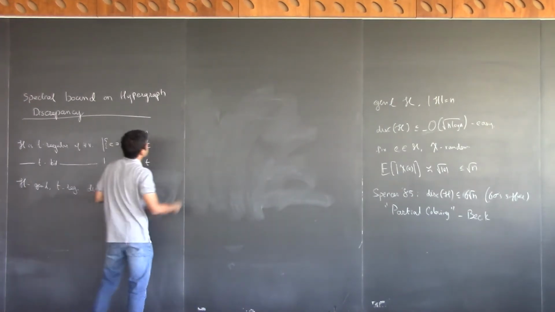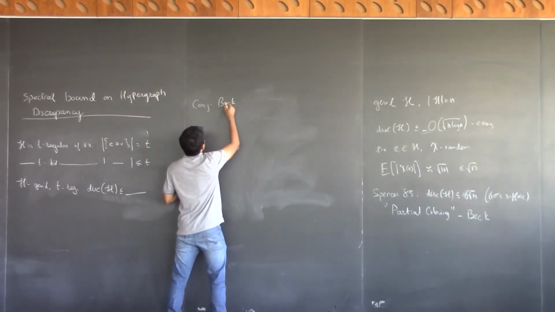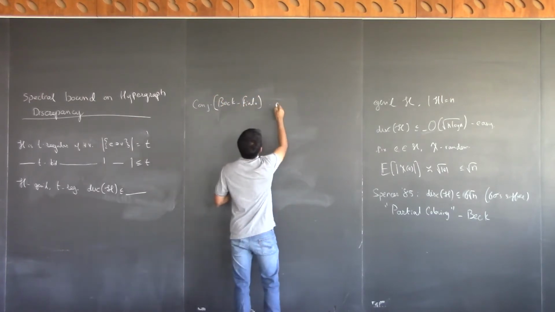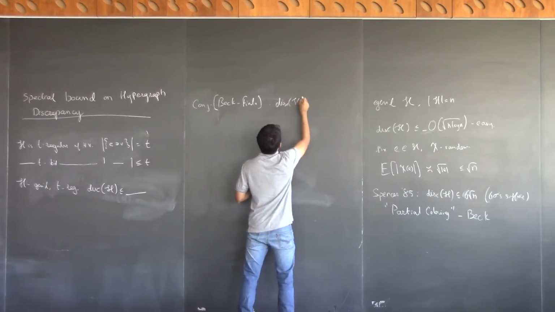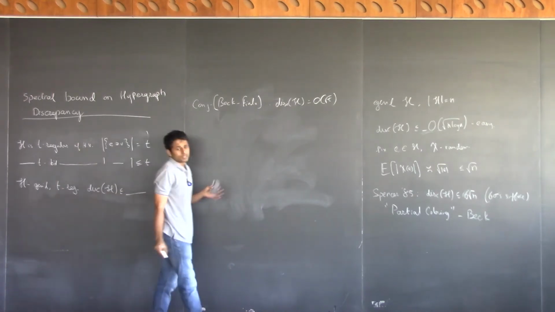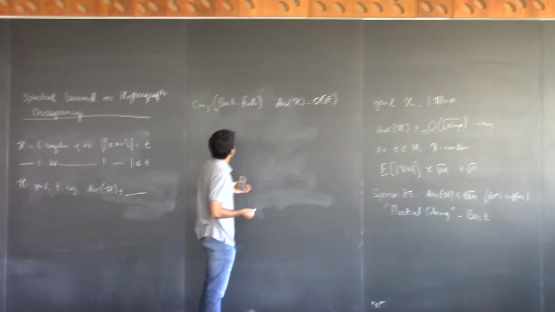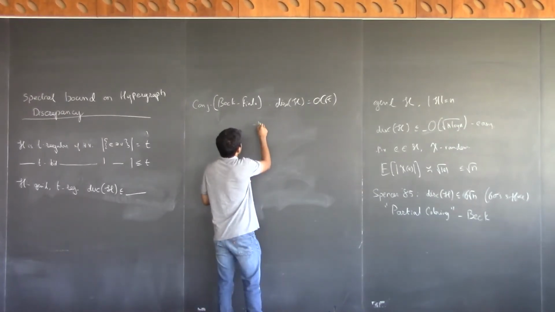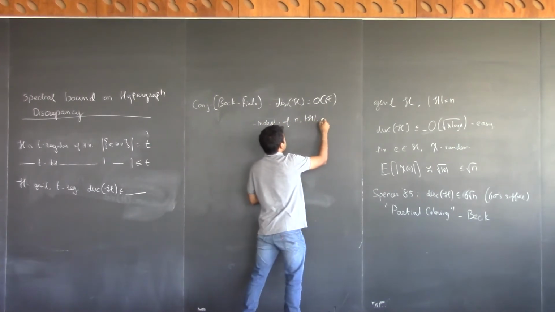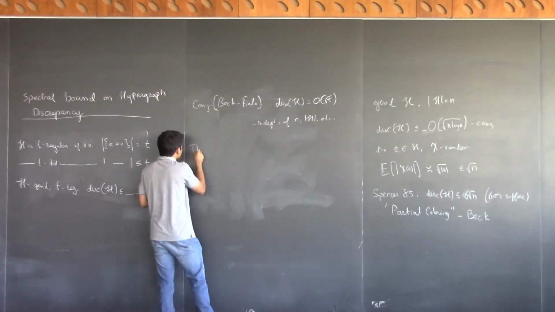Here I guess there is a conjecture, by Beck, the same Beck, that it's actually order root t. This seems to be pretty hard for now. Firstly, it's independent of n.